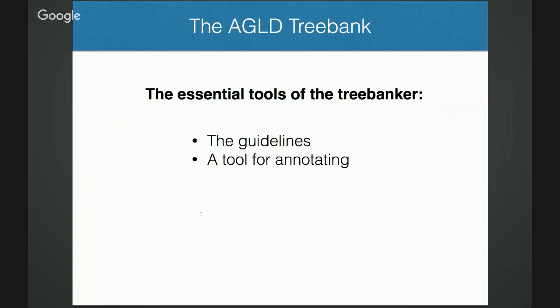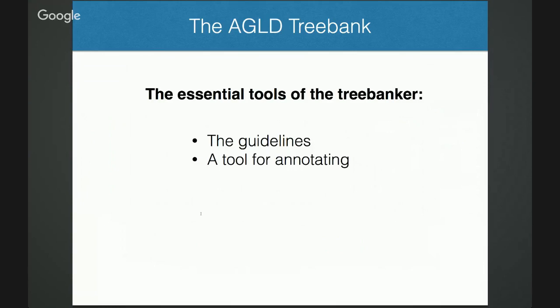This is extremely important because even if tree banking is partly intuitive, because for some phenomena you can clearly understand how to build a tree without actually reading the guidelines, still, there are a lot of technicalities, and sometimes we simply need to take a position, to make a choice, and this is why we write guidelines.